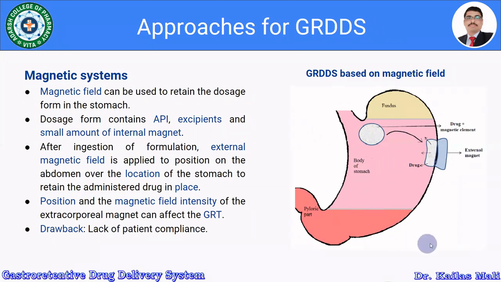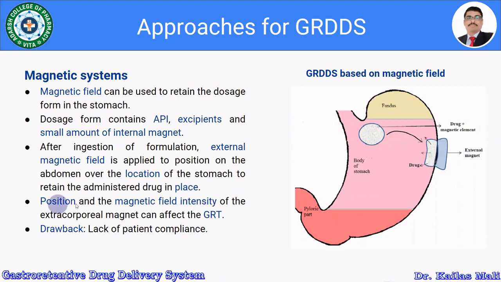So in the case of the magnetic system, a magnetic field can be used to retain the dosage form in the stomach. The dosage form contains API, active pharmaceutical ingredient, excipients, and a small amount of internal magnet. After ingestion of the formulation, an external magnetic field is applied to position on the abdomen over the location of the stomach to retain the administered drug in place.